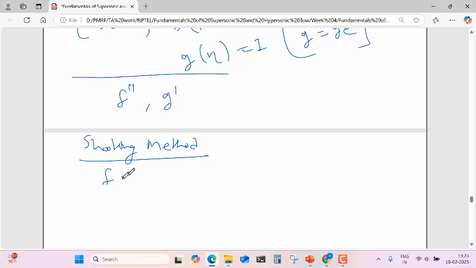Initially we know the values of f(0), f'(0) and g(0) or g'(0).